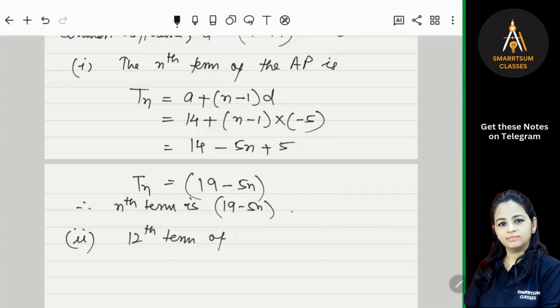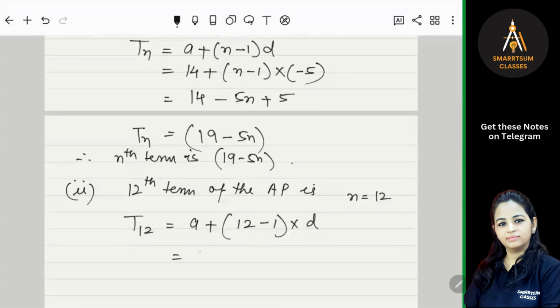Now we have to find the 12th term of the AP. Again, T12 equals A plus n minus 1 into D. N is 12 here, so 12 minus 1 into D. Put the values: A is 14 plus 12 minus 1, which is 11, into minus 5. So 14 minus 55, that is minus 41.